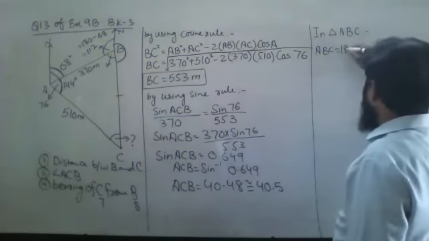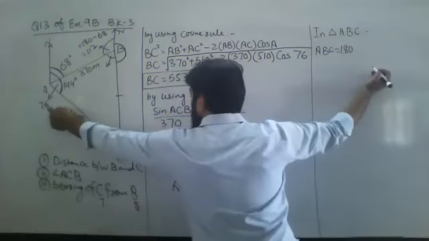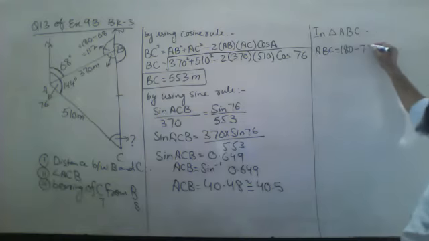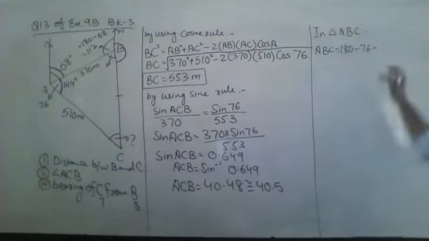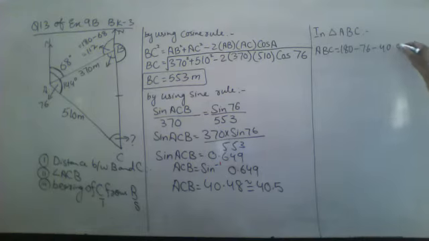The whole sum will be equal to 180 minus 76 and minus 40.5.